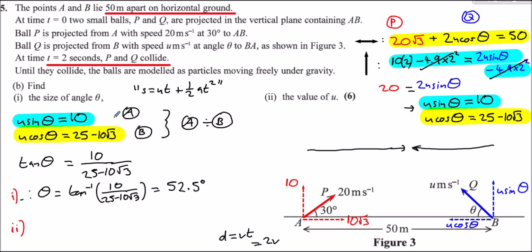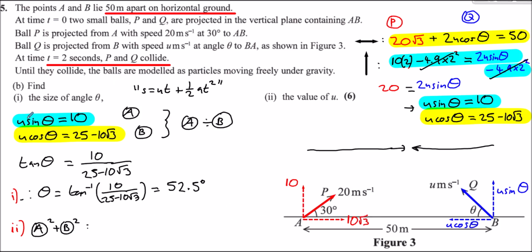So what I did with A and B, I did A divided by B, whereas what I could have done instead is take A and B and do A squared plus B squared, the whole of equation A squared and all of equation B squared, then add together. I'll just clear myself a bit of space over here.